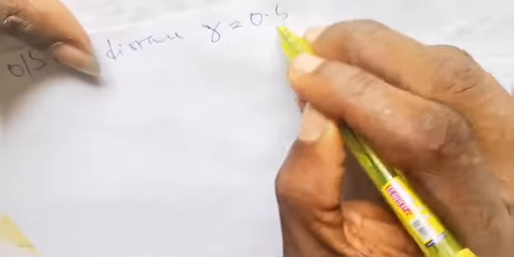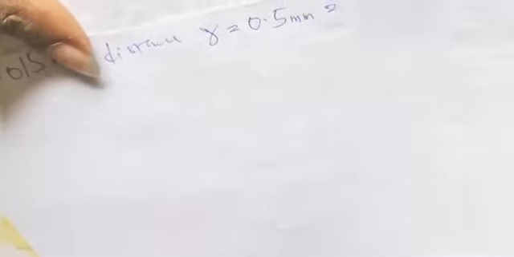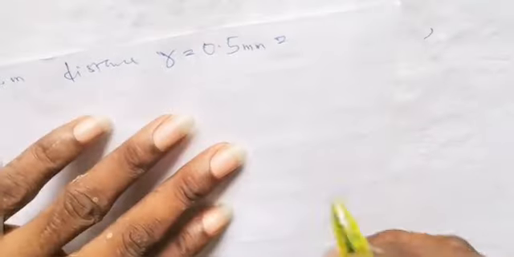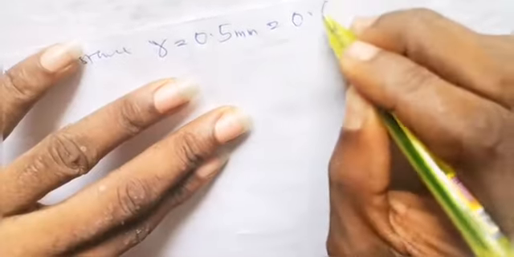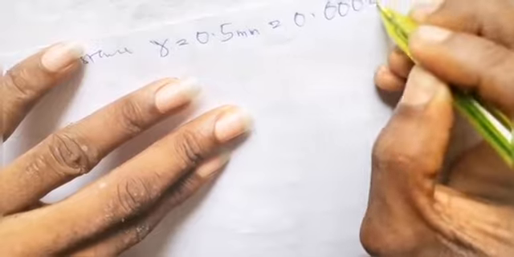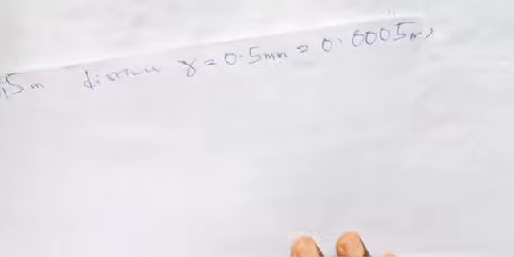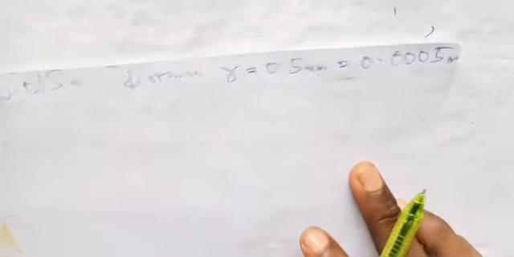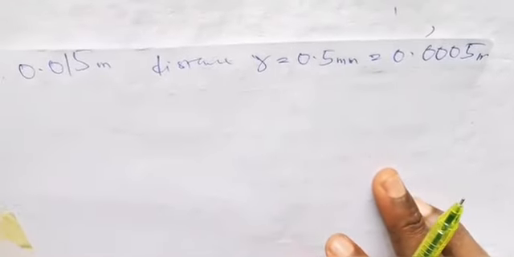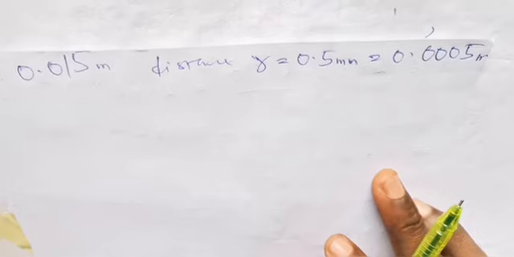Converting this to meters, you divide by 1000, which gives 0.0005 in meters. That gives you the radial distance.